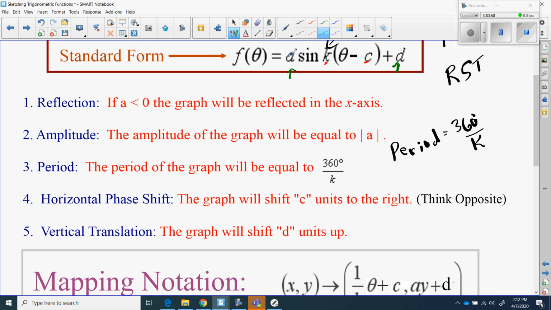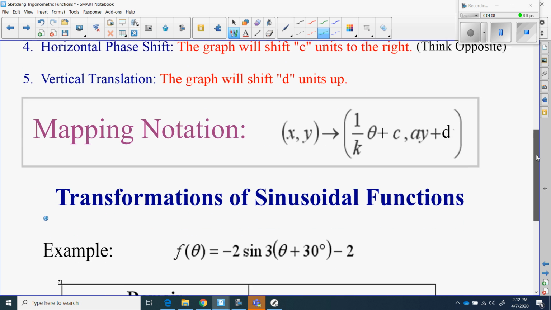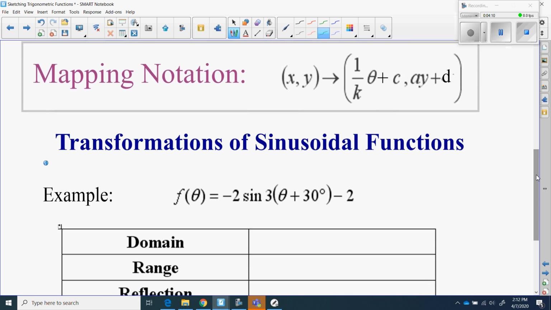Or it could flip them, switch them from positives to negatives. And then this number will move them up or down. So under mapping, it's 1 over k, theta plus c, and then it's the number in front, so your a value multiplied by your y's. That'll make your y's bigger, smaller, whatever, depending on this. And then this will move them up or down.